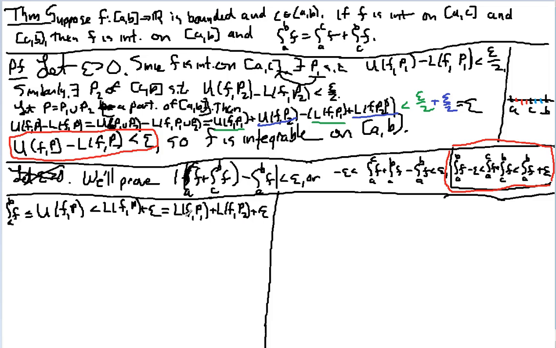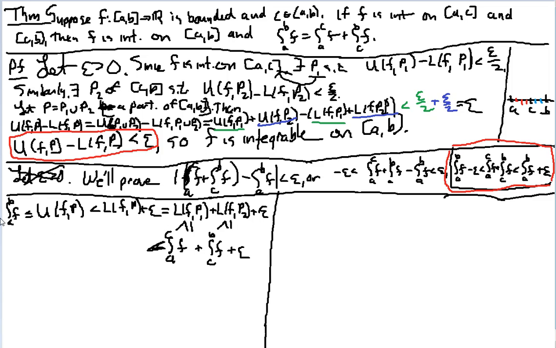In fact, I can say this very directly. This is less than or equal to the integral, it's the lower bound for the integral from A to C, because P1 was defined to be a partition for A to C, of f. That's less than or equal to the integral of C to B of f, and that I just bring down as epsilon.